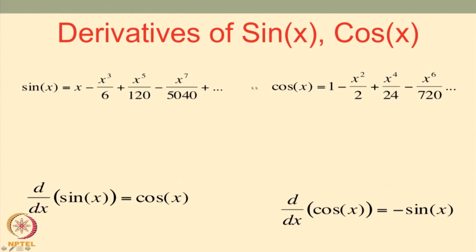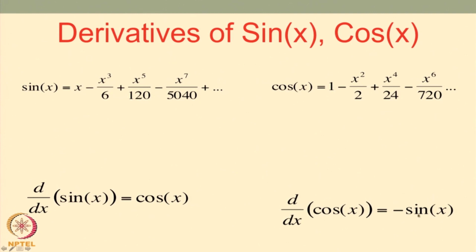So, it turns out that the derivative of sin x is cos x. Similarly, we can also take the function cos x and find the derivative of each term. If you take the derivative of 1, you will get 0. If you find the derivative of x square, it will be 2x, and 2x will cancel with a minus sign, but here you have a plus x.